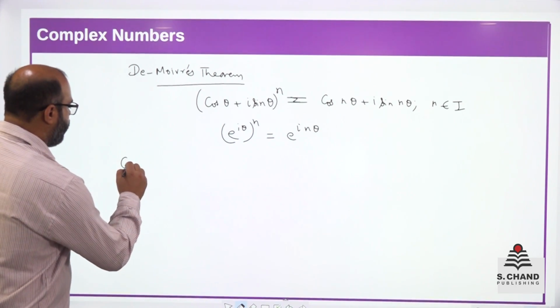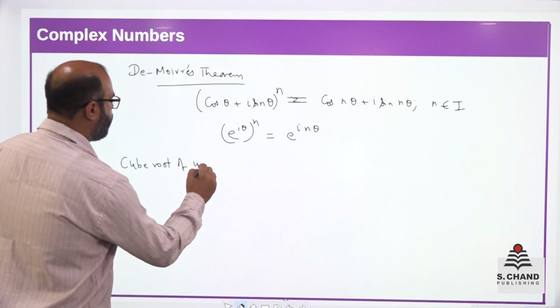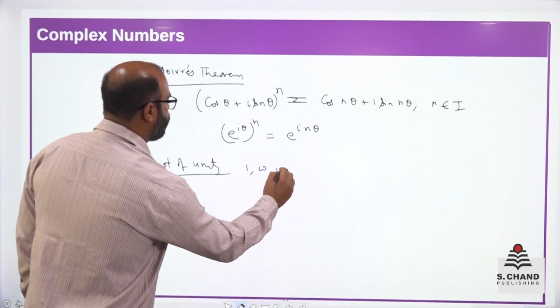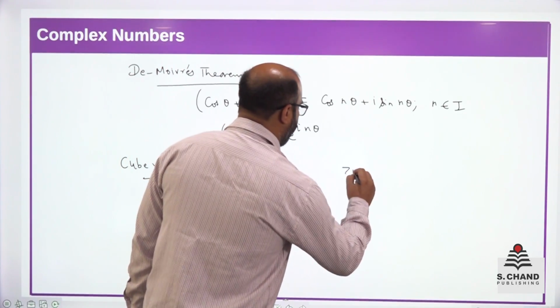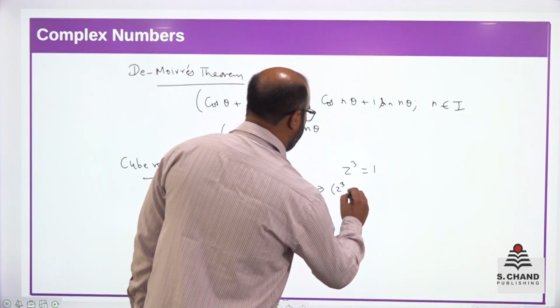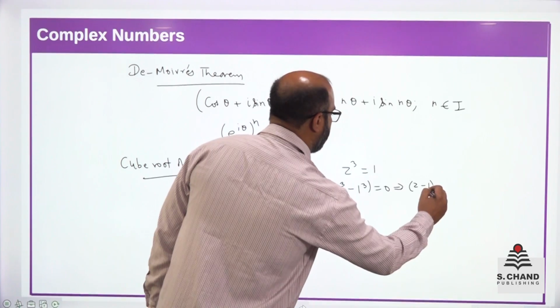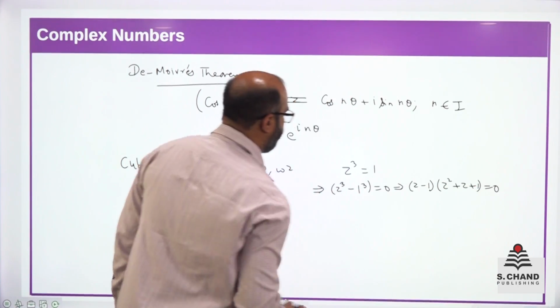Next is cube root of unity. Cube root of unity we have is 1, omega, omega square. How do we obtain cube root of unity? If we take z cube is equal to 1, this will give you z cube minus 1 is equal to 0. So z minus 1 into z square plus z plus 1 is equal to 0.